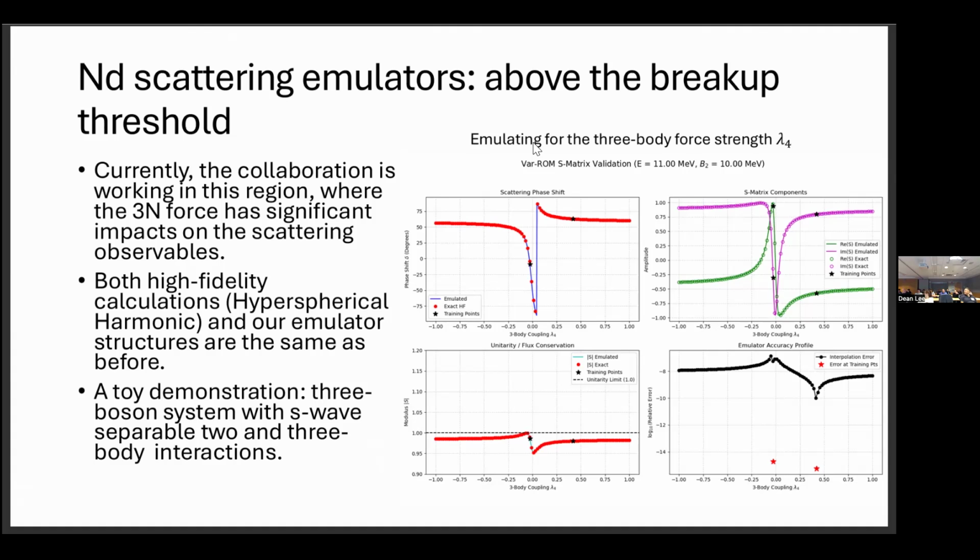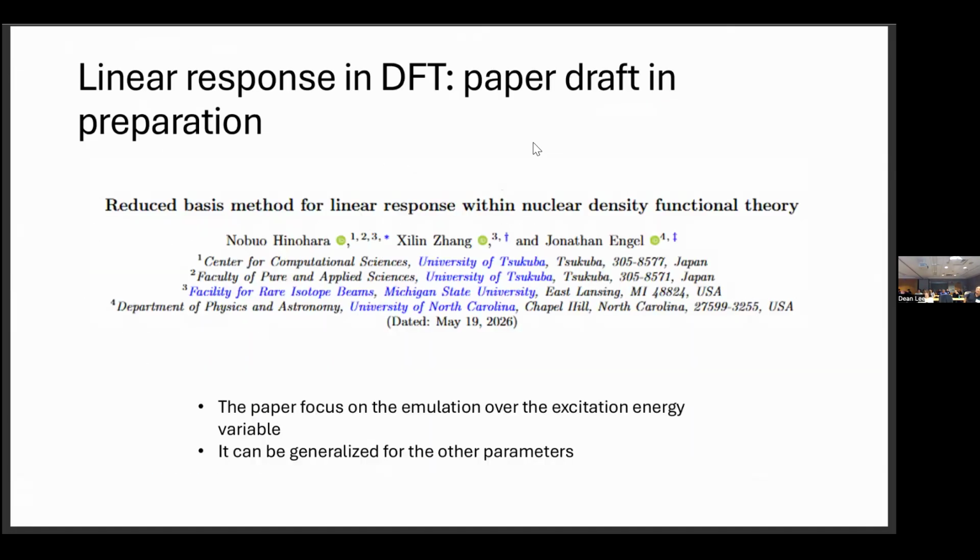Sorry, not a direct question because, of course, I don't think you were directly involved in the strength function paper. But I was talking a little with John Engel yesterday or the day before. And one of the things that I mentioned, just to pass information to Xilin, when we were trying to use reduced basis for at least the strength functions that Ante and Gordon were playing with, it didn't work very well because the things were moving kind of left and right, and having a linear embedding of bases didn't work on something that kind of moved left and right and decomposed.